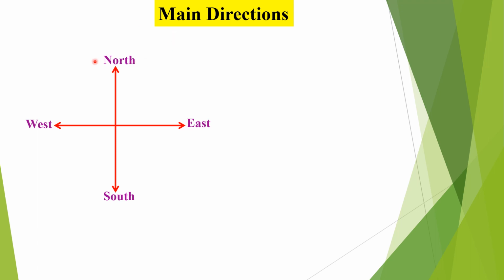And we can denote these directions by using the capital letter of these words. For example, north can be denoted by using capital N. Then east can be denoted by using capital E.